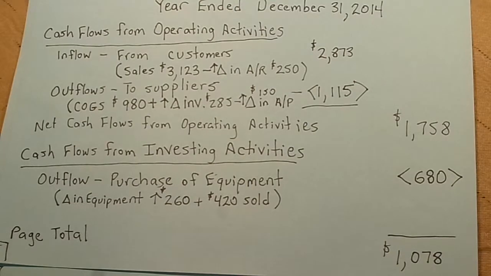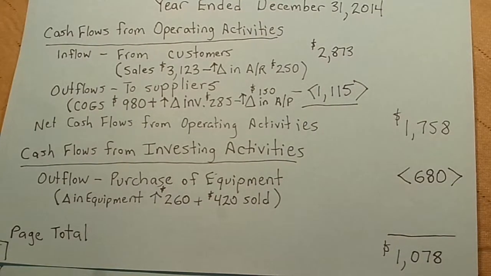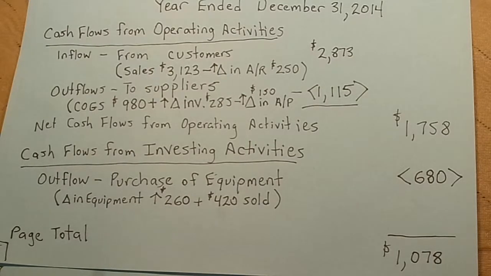However, we were also told at the beginning of the problem in the facts that equipment of $420 was sold this year. So if we now have $260 more in equipment than we had last year, we must have repurchased $420 worth of new equipment plus $260 additionally. And so 420 plus 260 is 680.